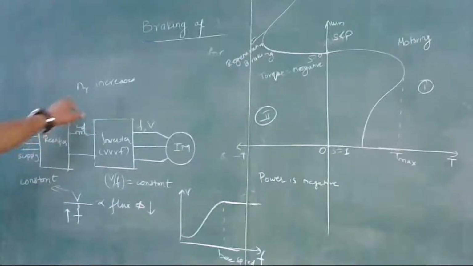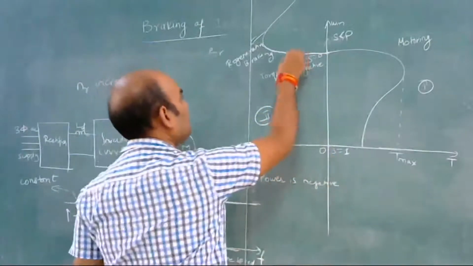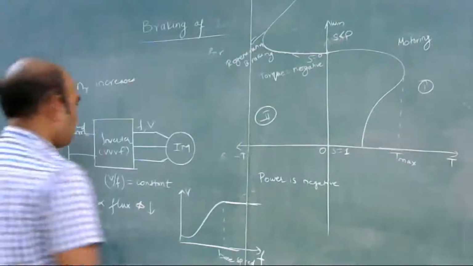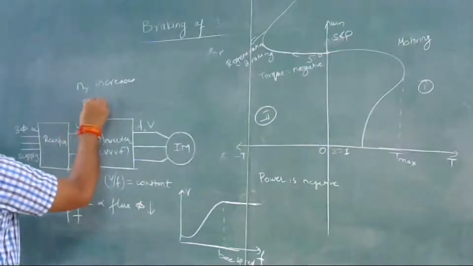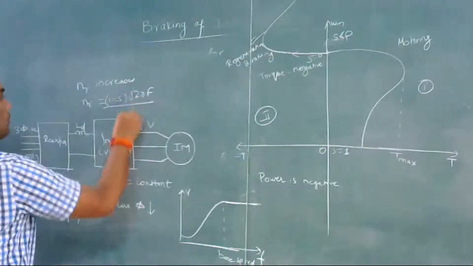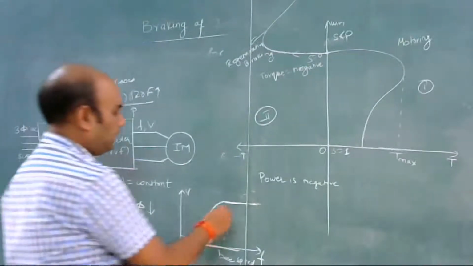When rotor speed increases, torque becomes negative and it enters the second quadrant, and power flow reverses. As Nr is equal to (1 minus s) into 120 f upon P, when frequency is increased, the speed also increases. So what is the advantage of this method?